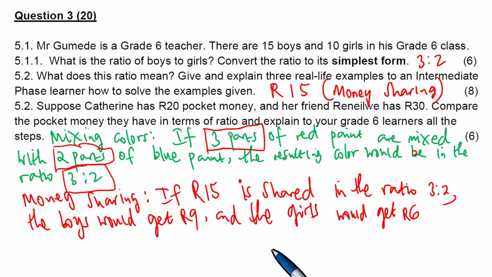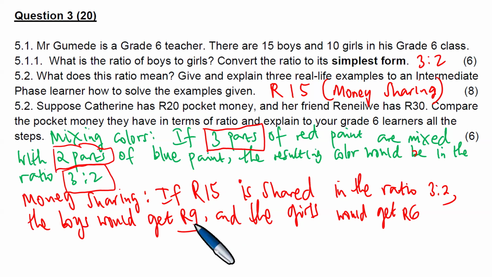It's going to be 9 for the boys, which is 3 rand for each boy, and 6 for the girls, which is 3 rand for each girl. So it is certainly in the ratio 3:2.